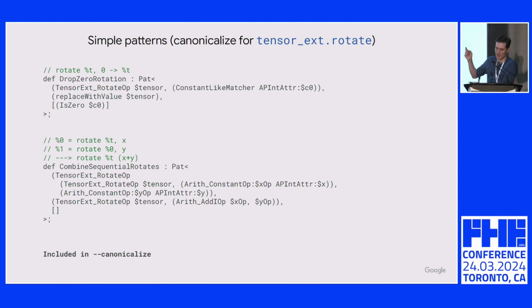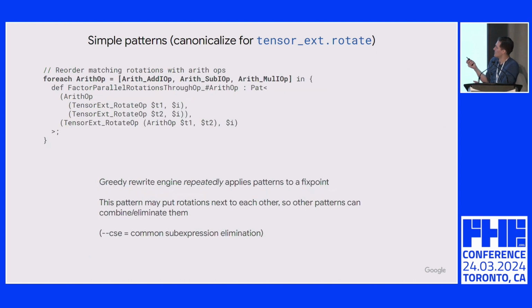And the third item is a set of constraints that say when that replacement should actually be applied to the match. So the first one is quite simple. If you see a rotate op and the argument is 0, you can just replace it with the tensor itself. The second one inserts a new addition operation and then says instead of doing 2 rotates, you just do 1 rotate.